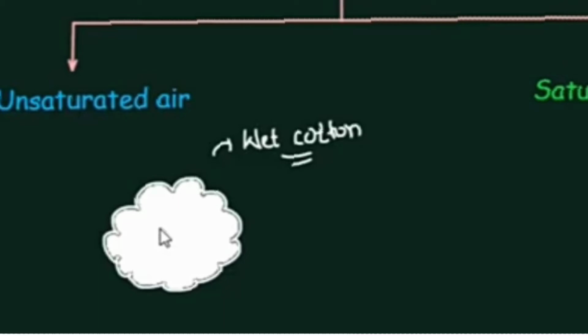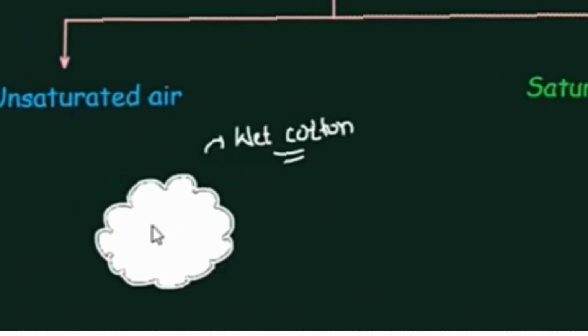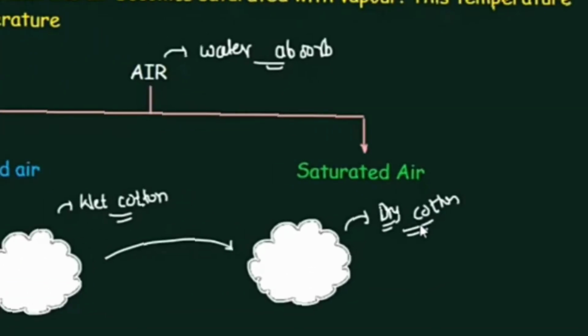So what exactly does the fan do? Due to the fan, the rotation and circulation of air takes place, right? So whatever wet things you keep below the fan, you get dry cotton. So where has that water gone, which was there?